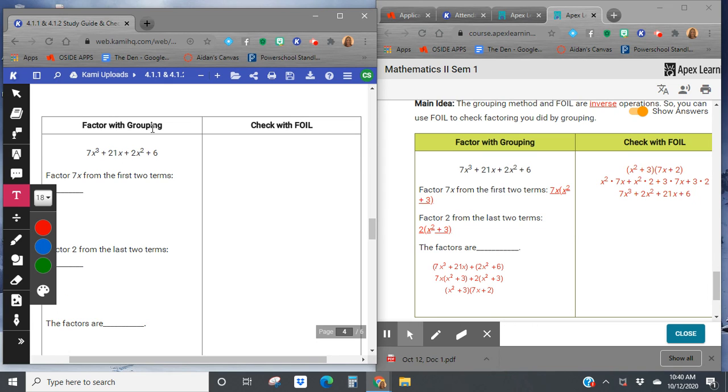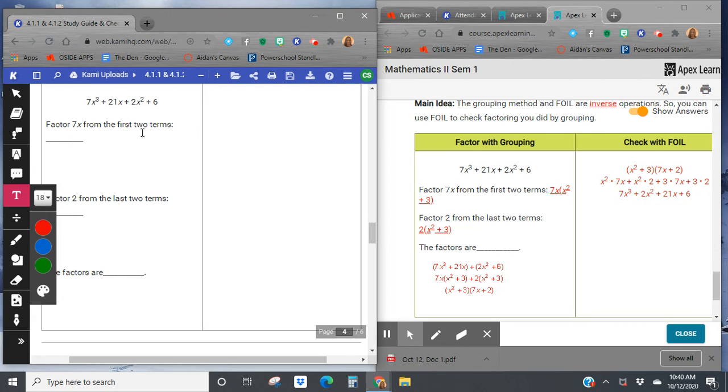All right, so factoring with grouping and then check with the FOIL method. So factor a 7x from the first two terms. So we're taking out a 7x, and that's going to leave us, if we divide out a 7x here, it leaves us x squared. If we divide out a 7x here, it leaves us 3.